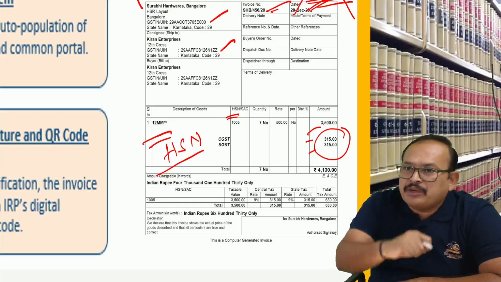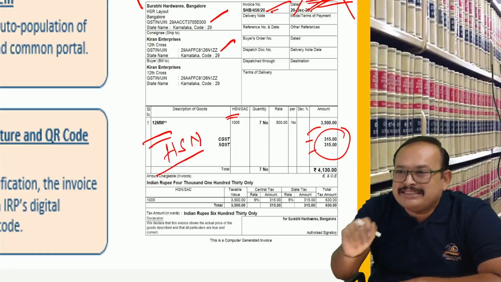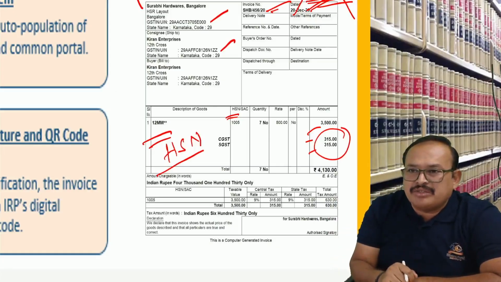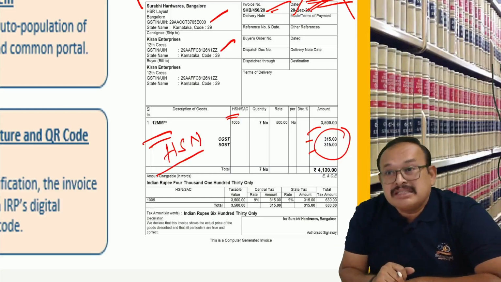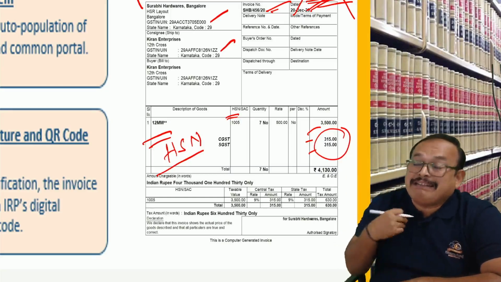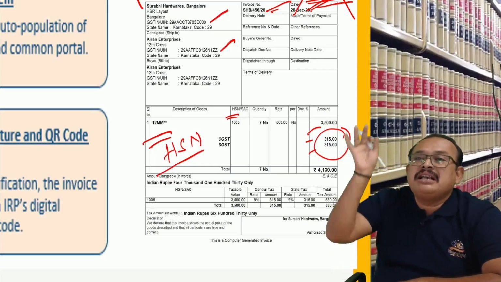If it does not exceed 5 crores, a minimum of 4 digits should be disclosed in the tax invoice. It is optional only for B2C transactions: where the turnover has not exceeded 5 crores, he is not required to mention the HSN number.